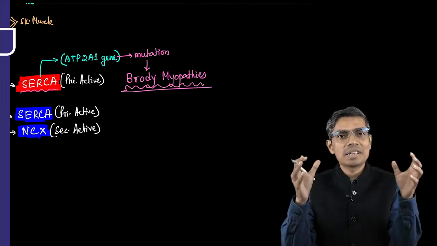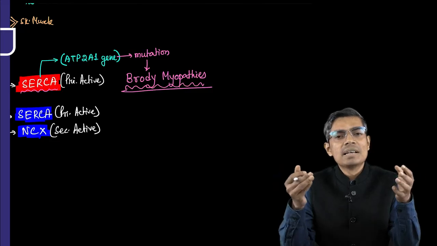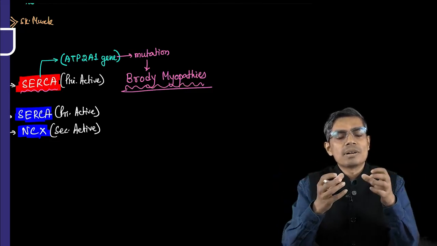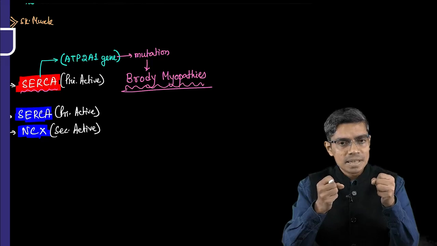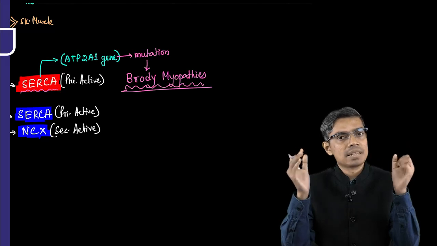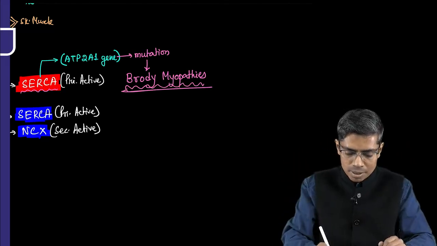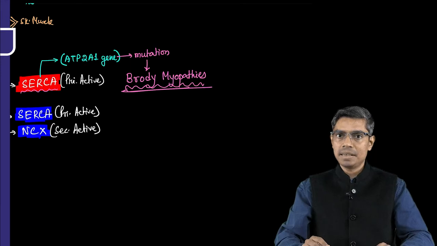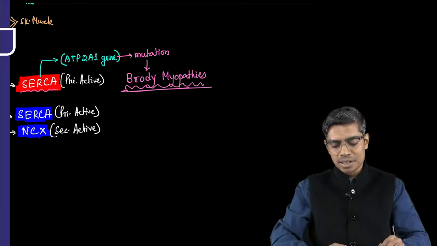When the muscle is already contracted and doing activity but is not relaxing properly, what will happen? There will be severe muscle stiffening, severe muscle contraction, and severe muscle cramp. That is the symptom of Brody's myopathy, right? So contraction, relaxation, everything is done.